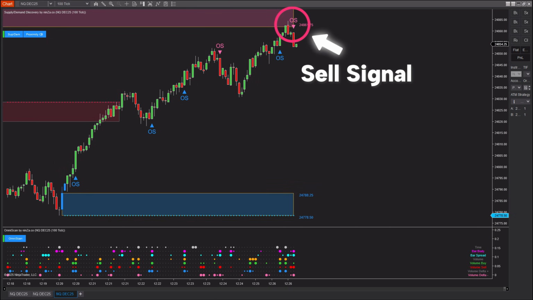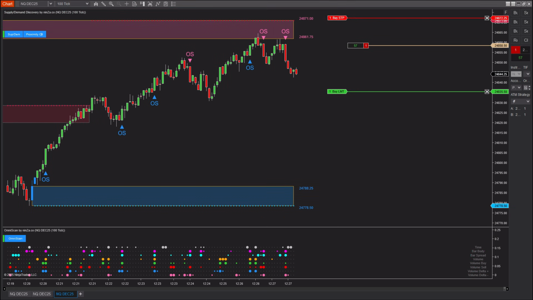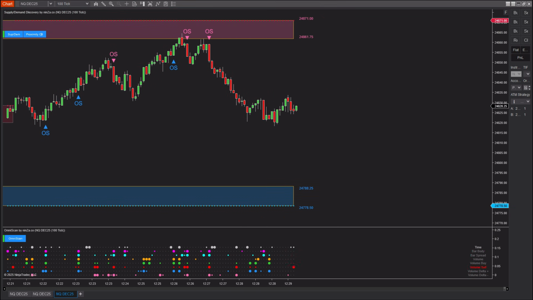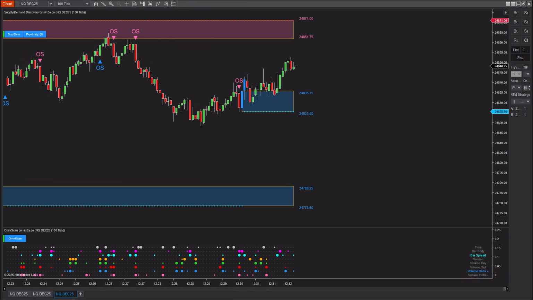Likewise, in this scenario, as price touches the supply zone, a sell signal from OmniSpectrum Scan appears immediately. This shows that sellers are stepping in right as price enters the supply area, creating a strong bearish signal.